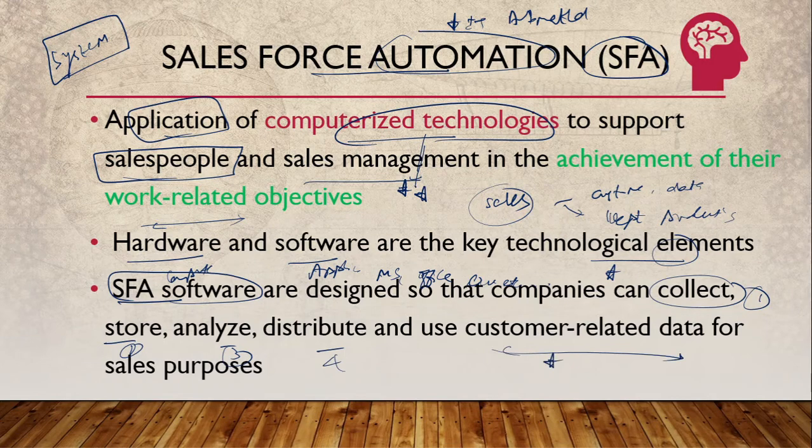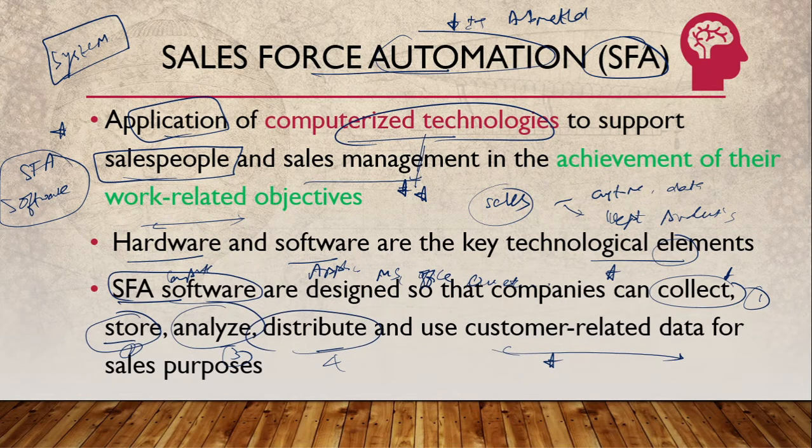Since all these things are automated and done with the help of software, the software should be able to collect the data, store the data, analyze the data, and then we can distribute and use this customer related data from the sales perspective, for sales purposes. The SFA software should have all these capabilities.